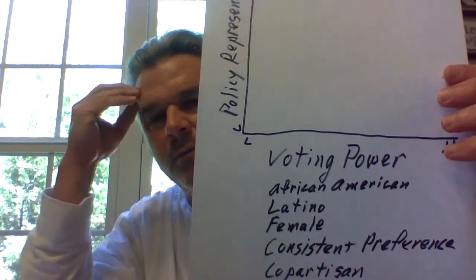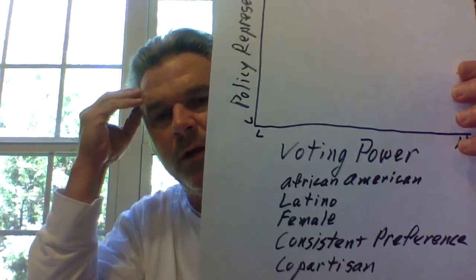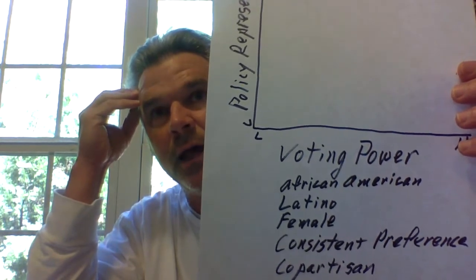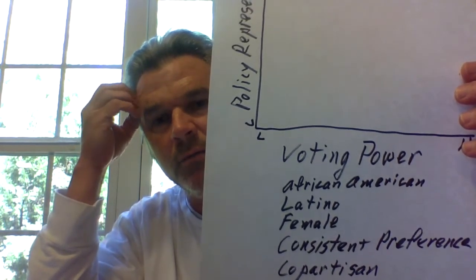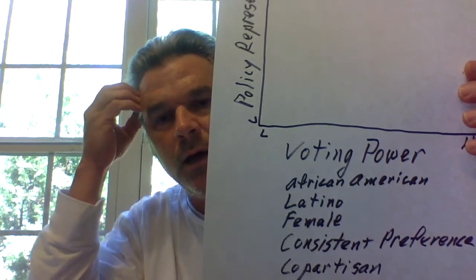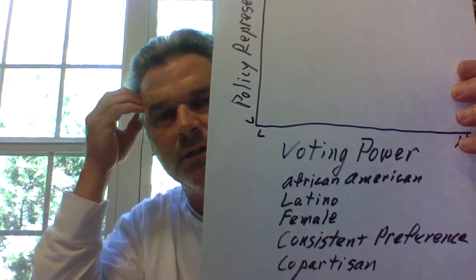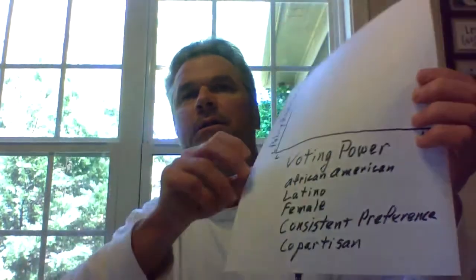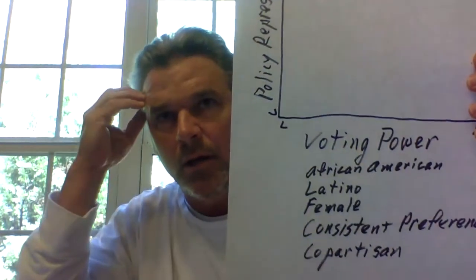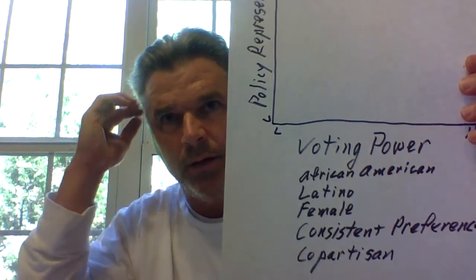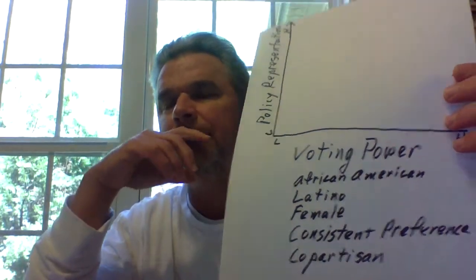But then there are going to be other independent variables that they take a look at. Race, African American, Latino, gender, whether you have consistent policy preferences, and whether you're co-partisan, meaning you don't always vote for the same party, or whether you go back and forth between the parties.